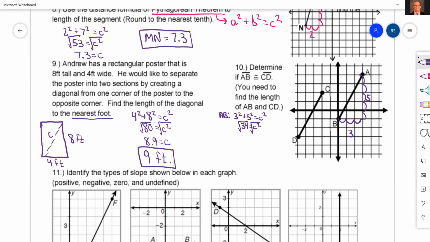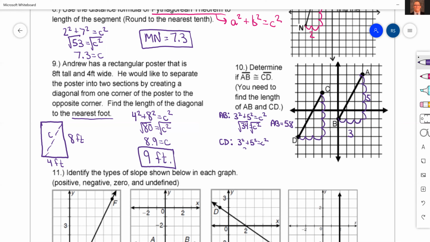Take the square root, and you'd find that AB equals approximately 5.8. Now we've got to do the same for CD. So let's see, CD went 1, 2, 3 over, so 3 squared, and then 1, 2, 3, 4, 5 up, plus 5 squared equals C squared.